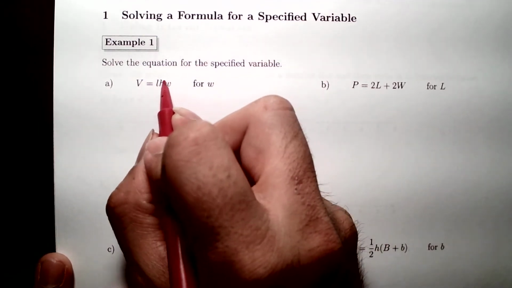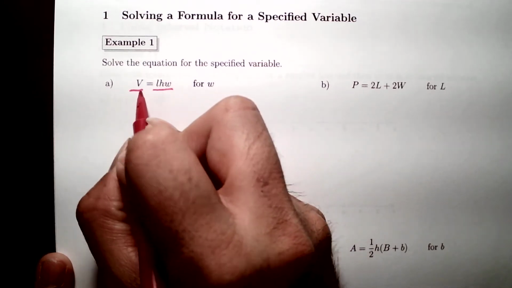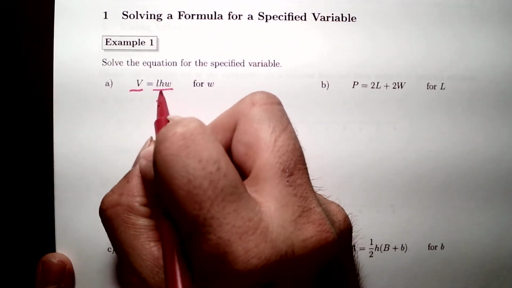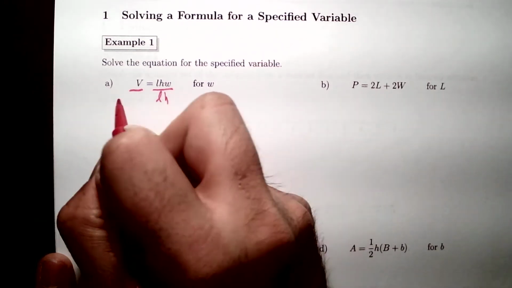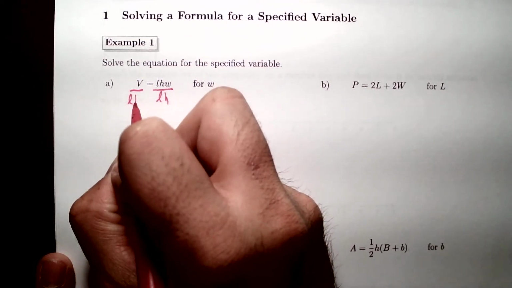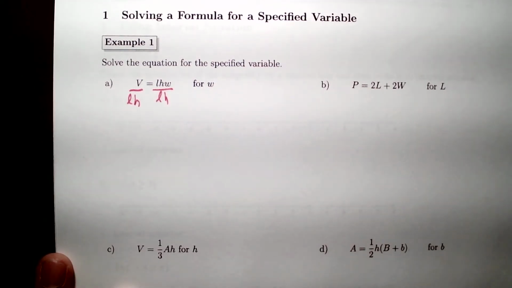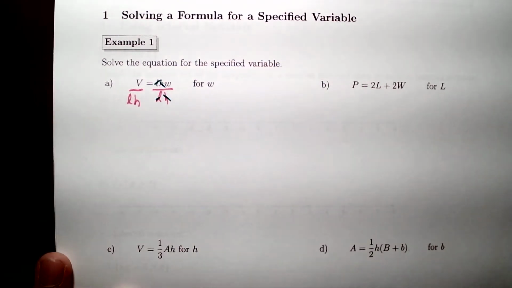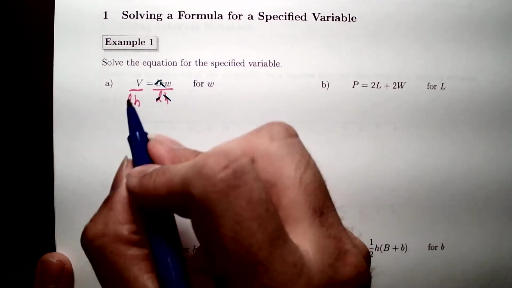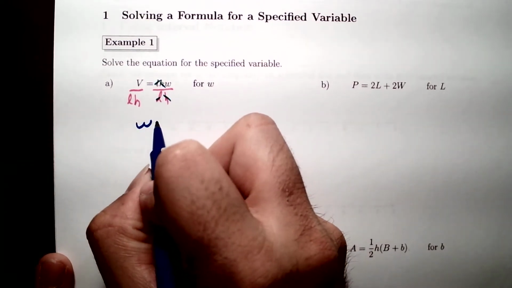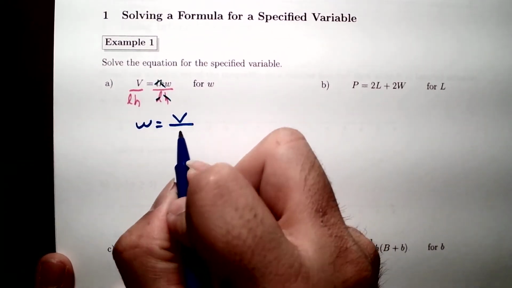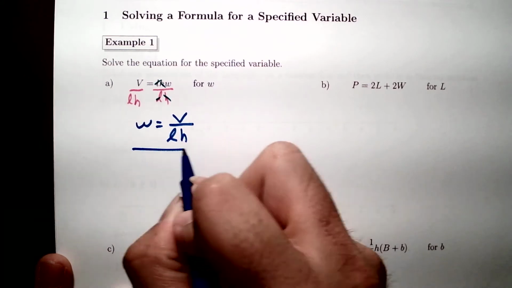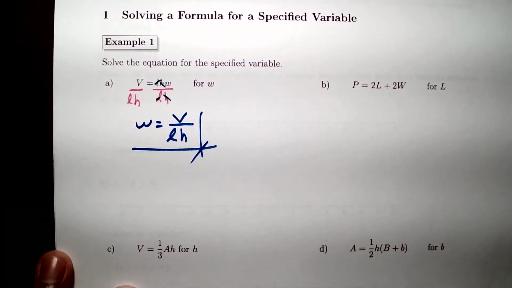In order to get the W by itself, all we have to do is divide both sides by LH. That's going to cancel the L, that's going to cancel the H, and that's going to leave us with W by itself, which is V over LH. And that's all we do.